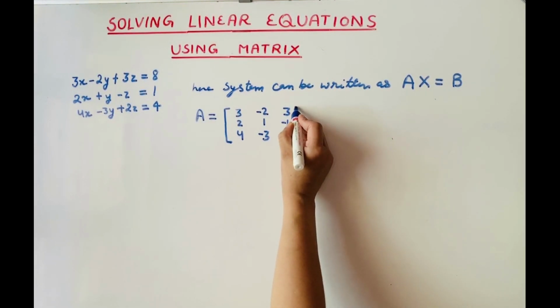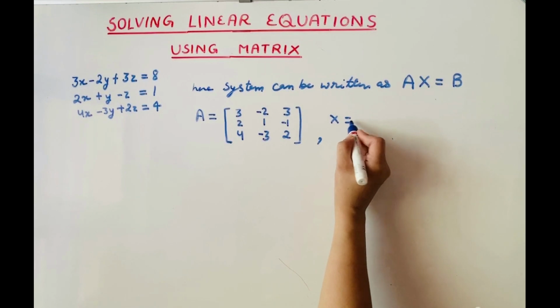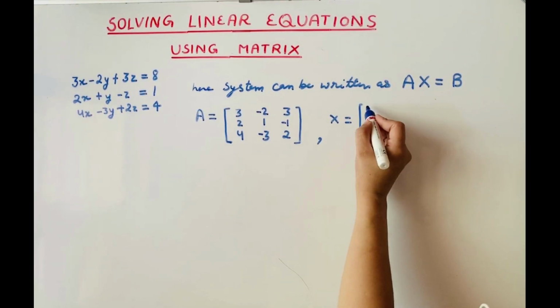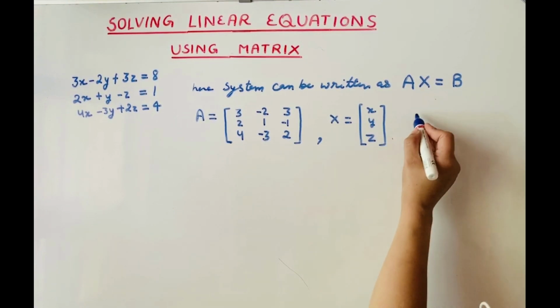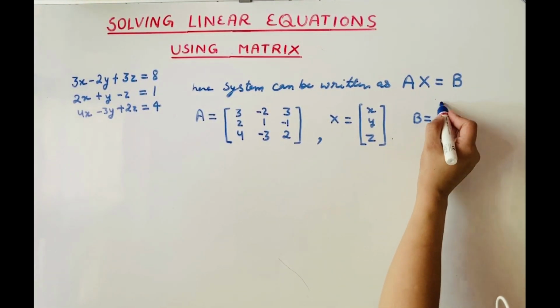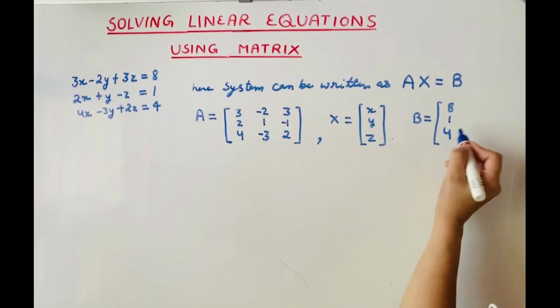So this is your A, and your x will be the variables x, y and z, and your B will be the terms on the right side, that are 8, 1 and 4.